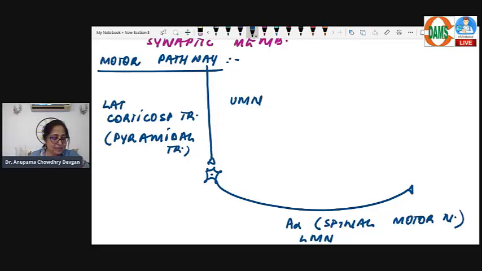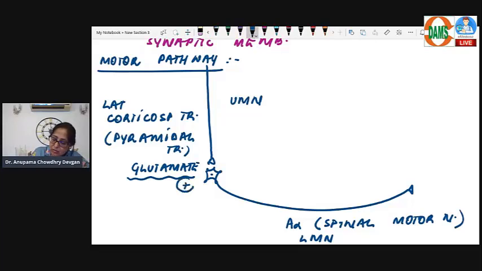So normally what happens is the pyramidal tract neuron releases an excitatory neurotransmitter, which is glutamate. I've told you 70 to 75% of the excitation of the central nervous system is caused by glutamate. This glutamate will excite the lower motor neuron.